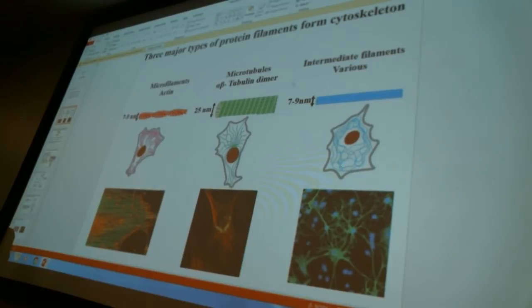The second group is microtubules. The alpha-beta tubulin dimer is the single unit that is the building block of this very important type of filament. And the third group is the intermediate filaments. All of these types of filaments play a critical, essential role in the life of any type of cell.